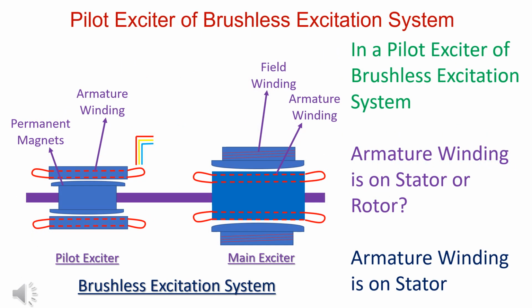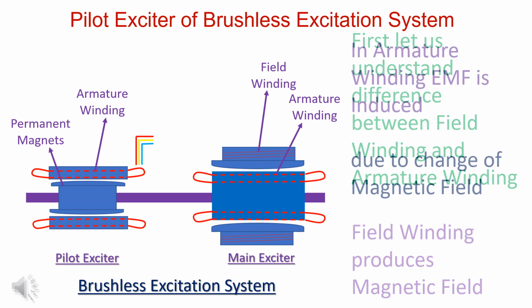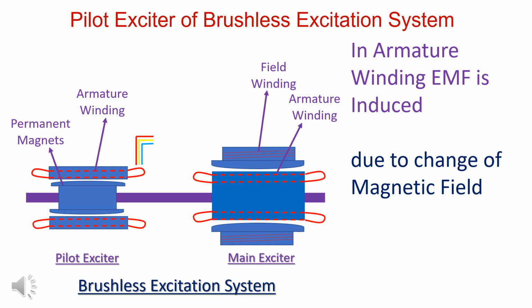In a pilot exciter or brushless excitation system, is the armature winding on stator or rotor? It is on stator. First, let us understand the difference between field winding and armature winding. Field winding produces magnetic field. In armature winding, EMF is induced due to change in magnetic field.